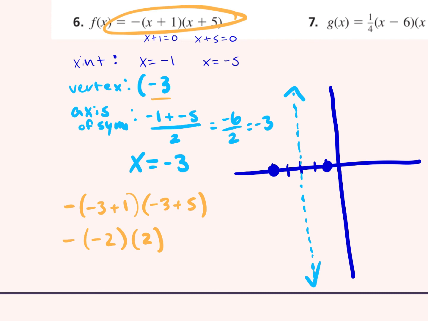So negative times negative 2 would be positive 2 times positive 2, which is 4. So the second number in my vertex is 4. So then I can graph my vertex. I'm going to go up 4 and put a point. And then I can draw my parabola.